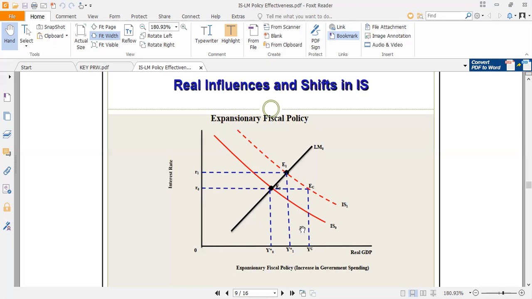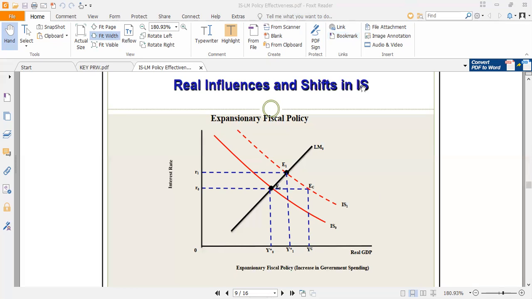Now, if we want the fiscal policy to be more effective, then we have to make sure that investment isn't really sensitive to interest rates, because if investment is very sensitive to changes in the interest rate, a small increase in interest rate will cause a very big fall in investment, and that will make the crowding out very big.